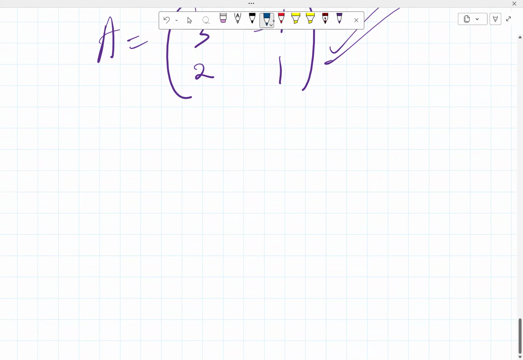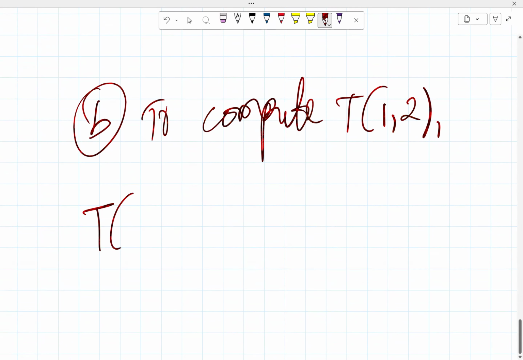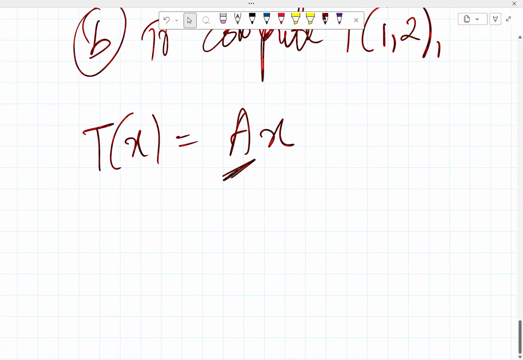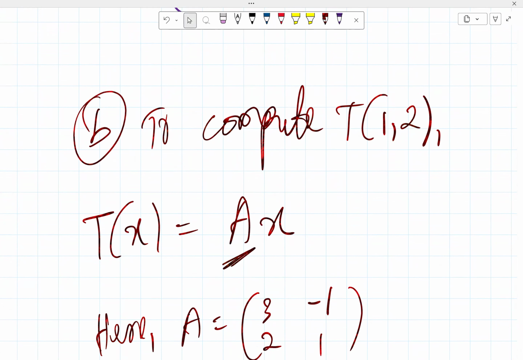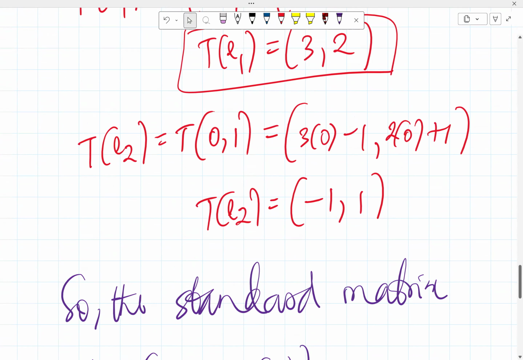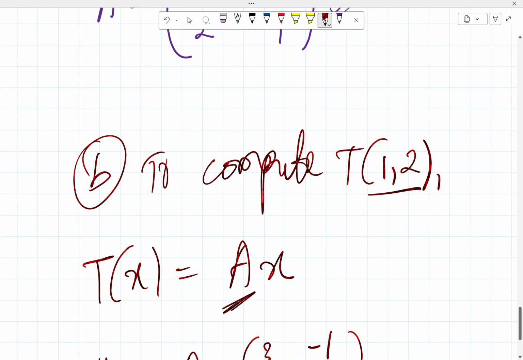To compute T of (1, 2), we know already that T of x is always given as Ax, where A is the standard matrix we just computed, [3 minus 1; 2 1]. And x is (1, 2) as given here.